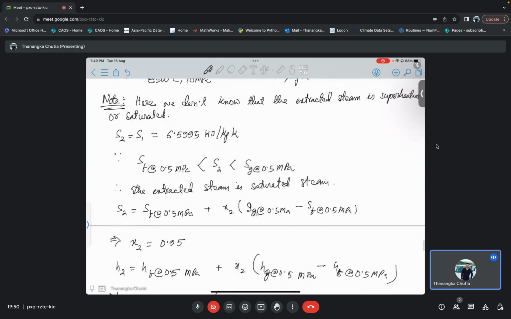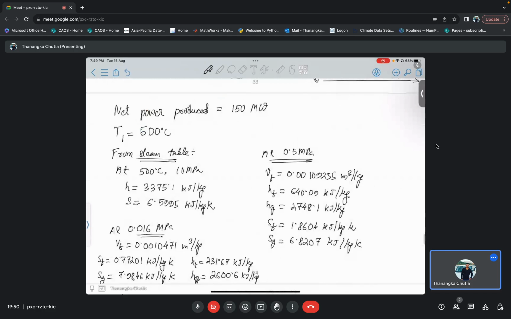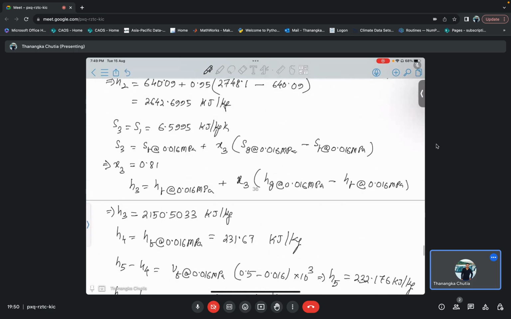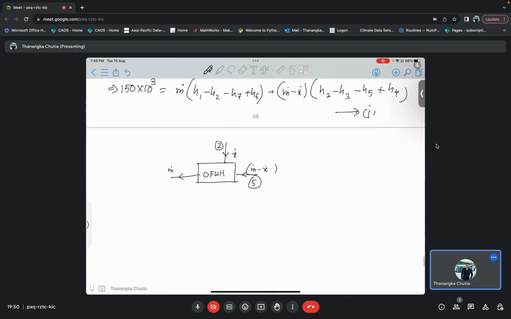The exit point is 6. Now we can write an energy balance for this open feed water heater: x dot into H2 plus m dot minus x dot into H5 is equal to m dot into H6.